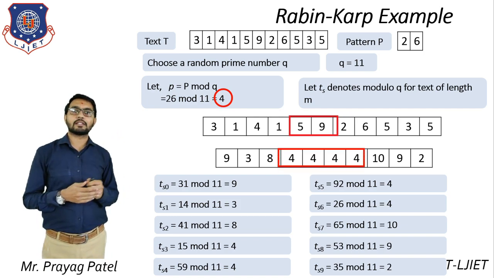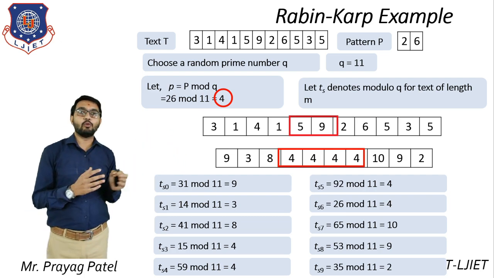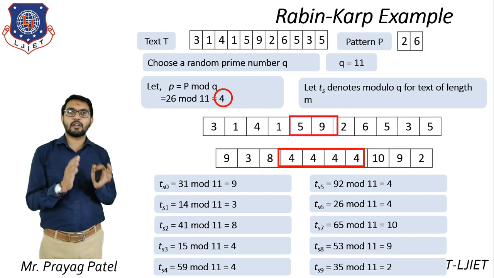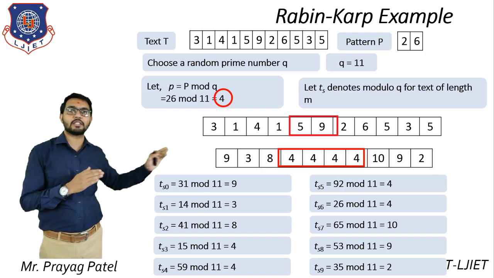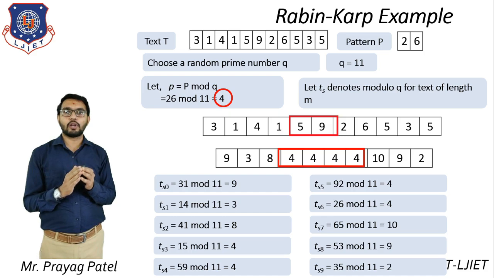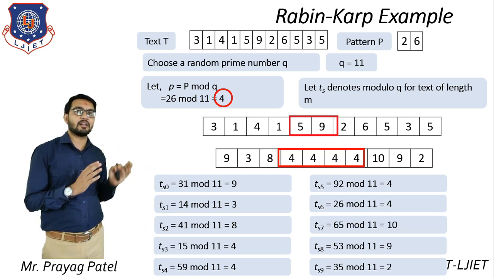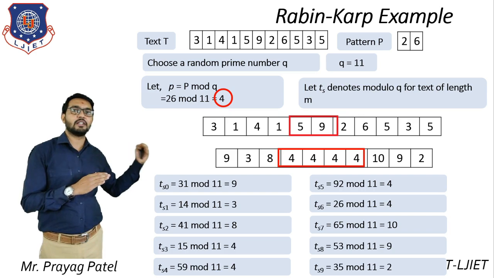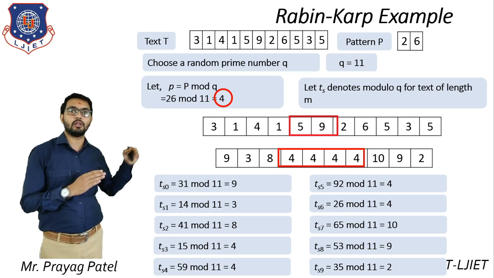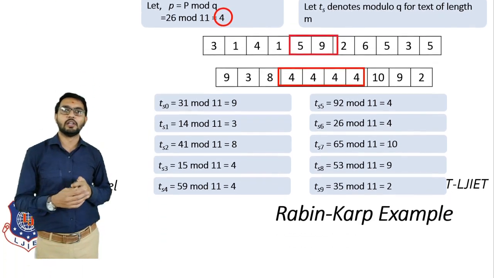In your text there are many possible modulo answers, but out of all these, consider only the value 4 in this modulo table, because your pattern modulo equals 4. That's why we can say that in the given text, the positions whose answer is 4 are candidates for your pattern. So match the pattern only at these 4 locations.